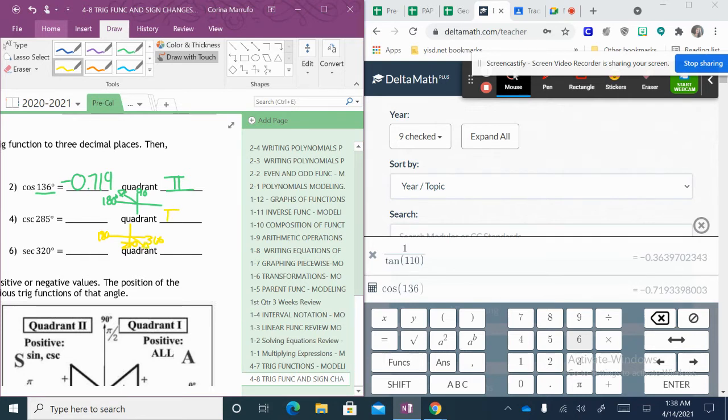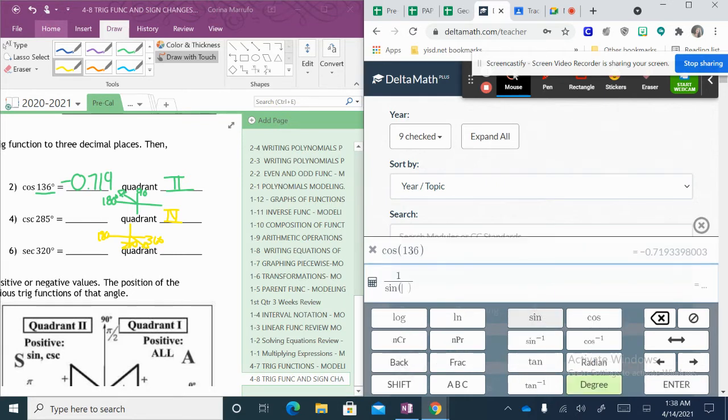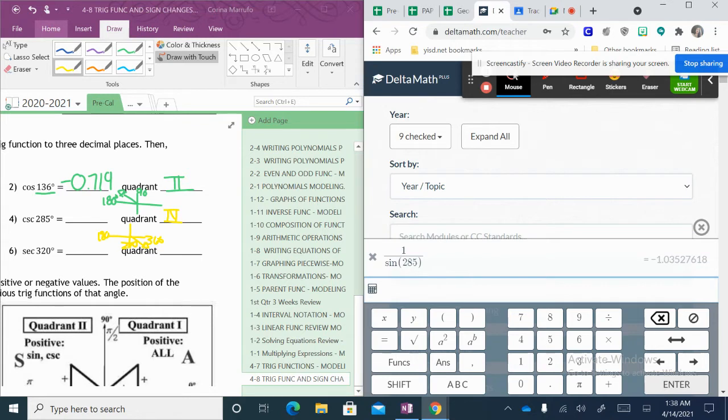When we punch that in our calculator, cosecant is the opposite of sine. So here, we're going to do 1 divided by the sine of 285. Enter, gives me negative 1.035.